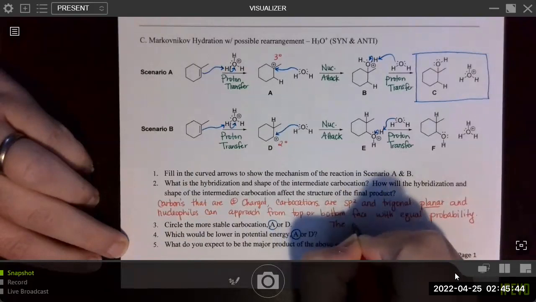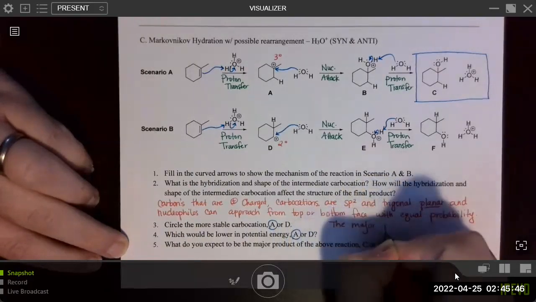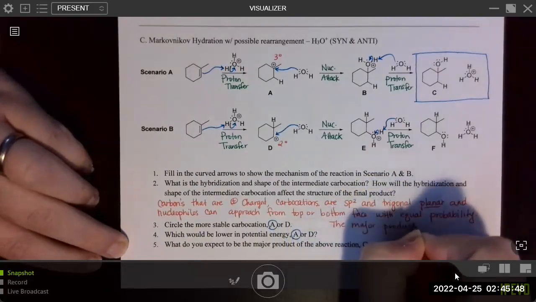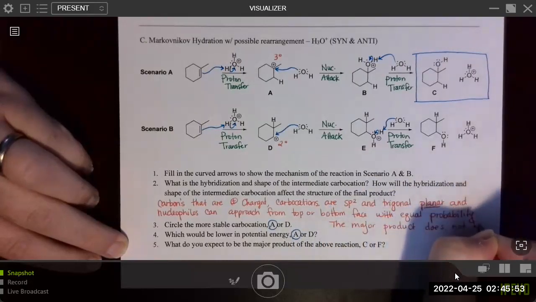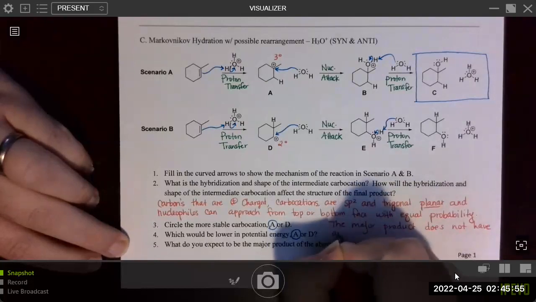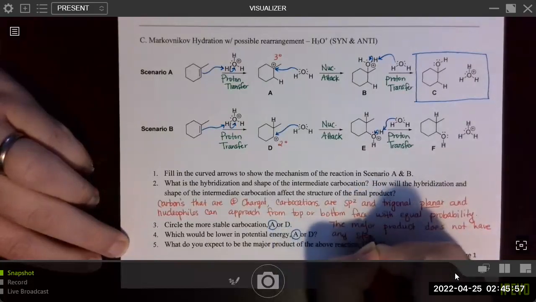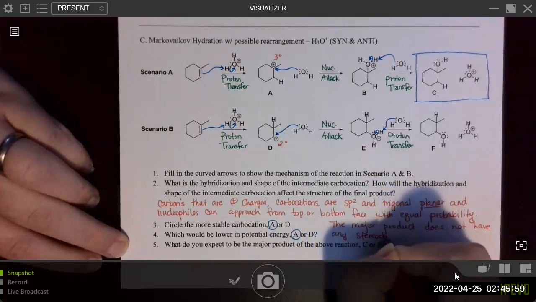The major product does not have any stereocenters, also known as chiral centers.